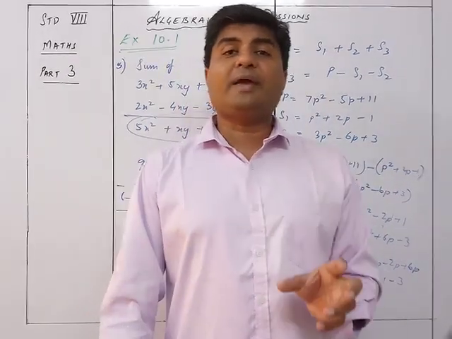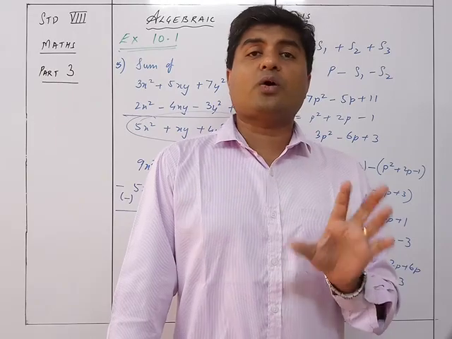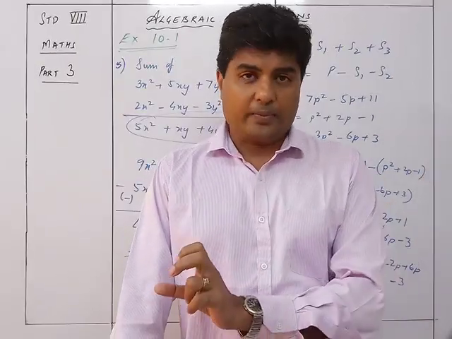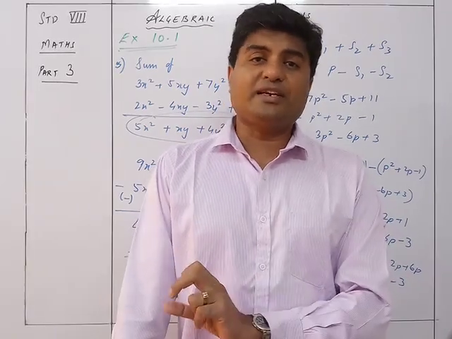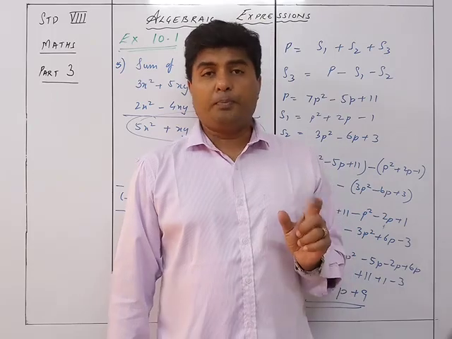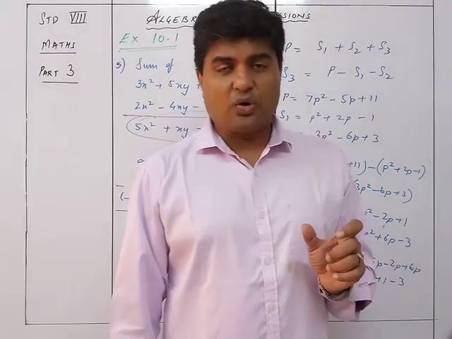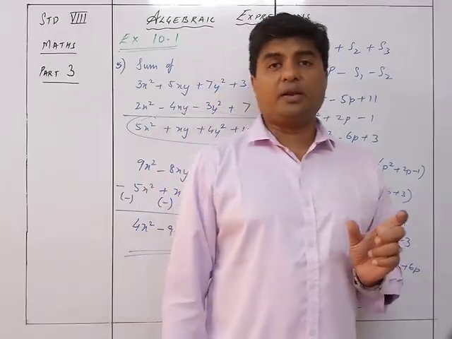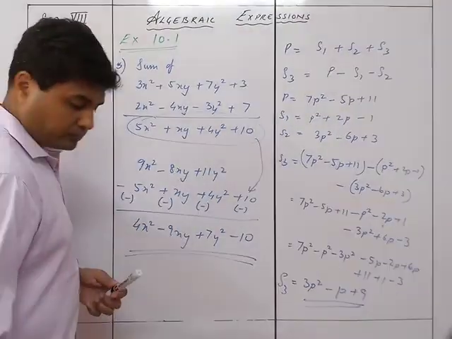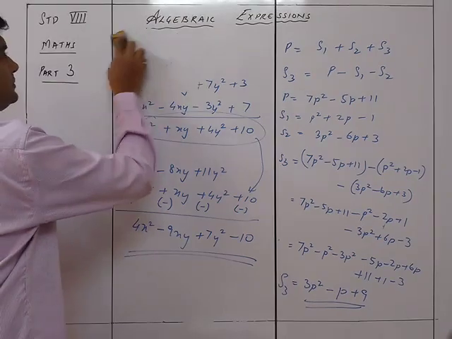But in multiplication, the variables are going to change. That means x into x will be x square. x square into x square will be x raised to 4. We are going to use the properties of indices or exponents in this particular case. That means we are going to use a formula that, okay, let me erase this first.